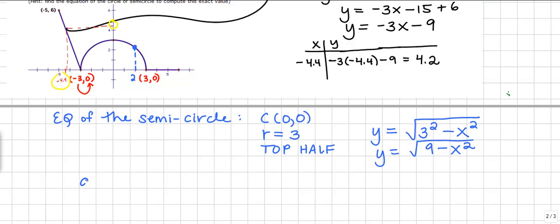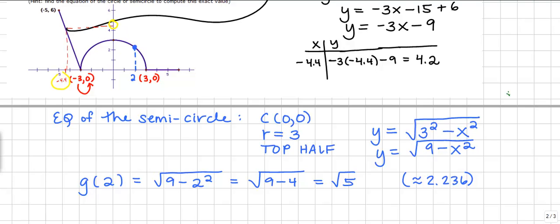So in this case, g of 2 would be the value, the square root of the quantity 9 minus 2 squared, or the square root of 9 minus 4, which is the square root of 5. And square root of 5 is approximately 2.236. So let's look at our graph and pick x equals 2, find the point on the graph and project over, and it appears that our answer looks correct.